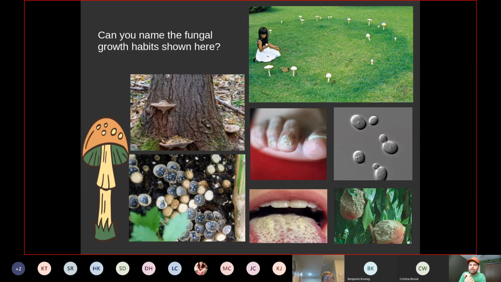It is a fairy ring, but is it mycelial, yeast, or dimorphic? Don't be afraid, people. I would guess dimorphic. Okay, we got one for dimorphic. What makes you think that?